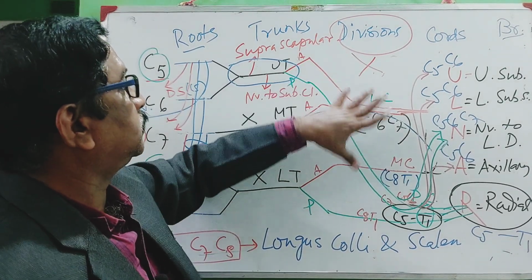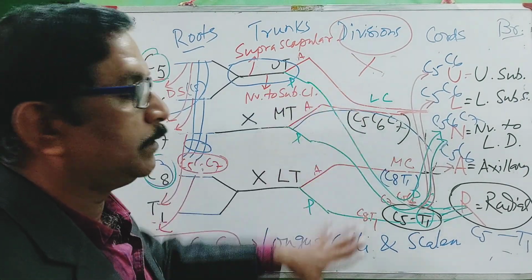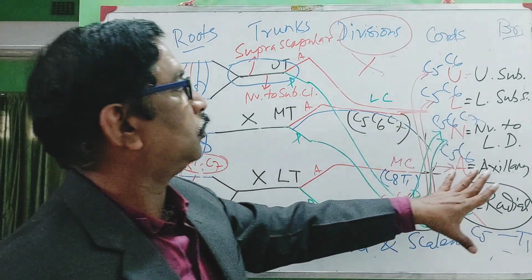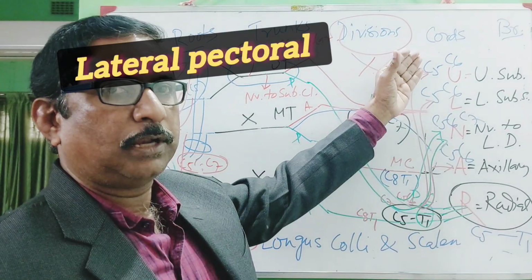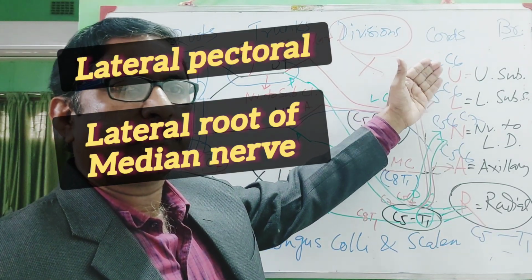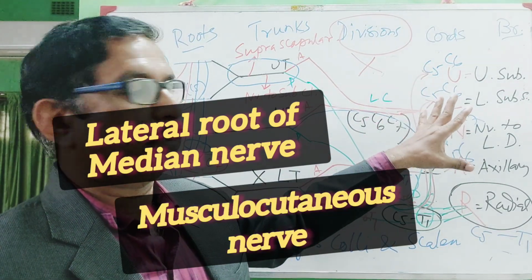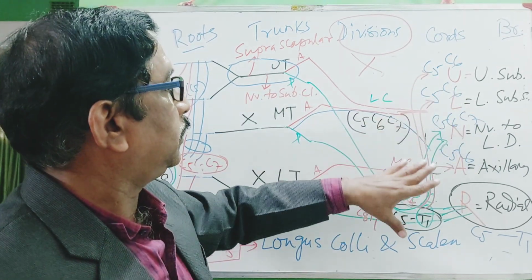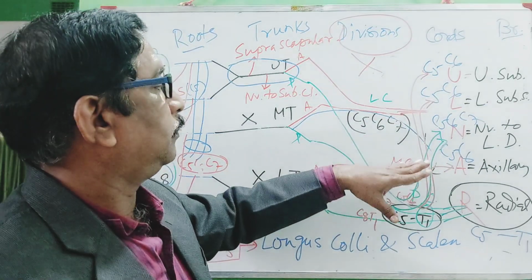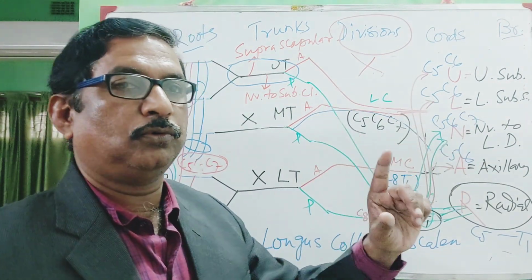No branch from any of the divisions. Then come to the cords. From the lateral cord, three branches: lateral pectoral nerve, lateral root of median nerve and musculocutaneous nerve, which you can remember as LLM. Then the medial cord: 4M, 1U.